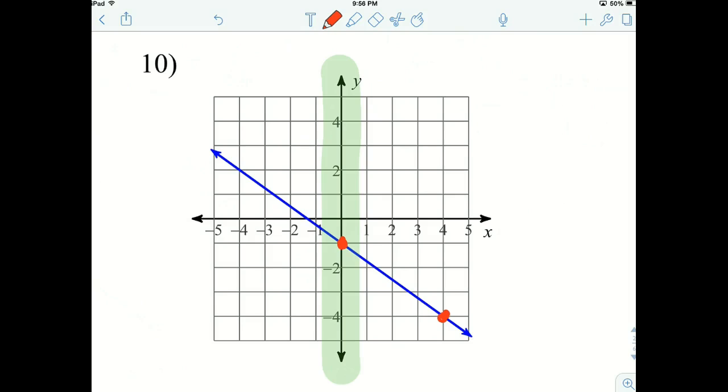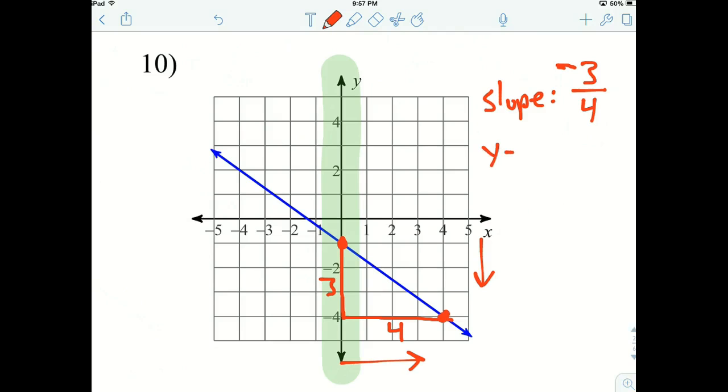And when we look for our slope, we see that we have a change in y of 3 over a change in x of 4. So my slope is 3, the change in y goes on top, over 4, the change in x. Since it is going down as I go from left to right, is down sloping, I'm going to make this slope negative.